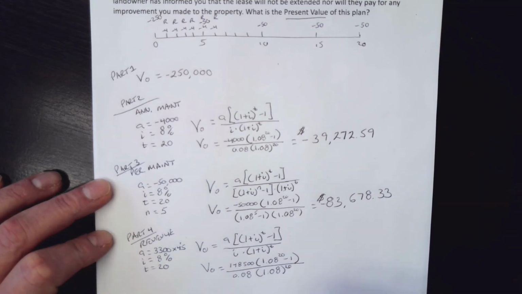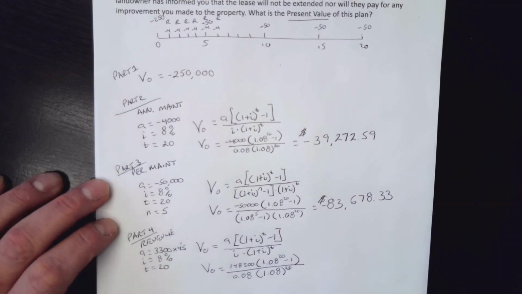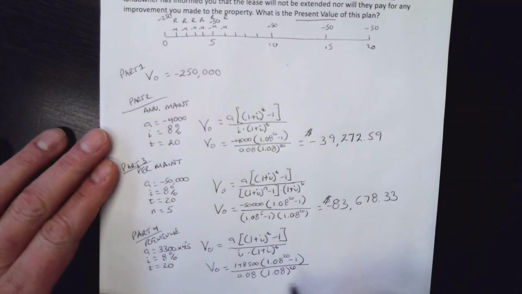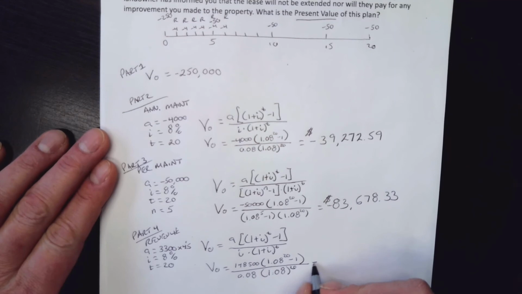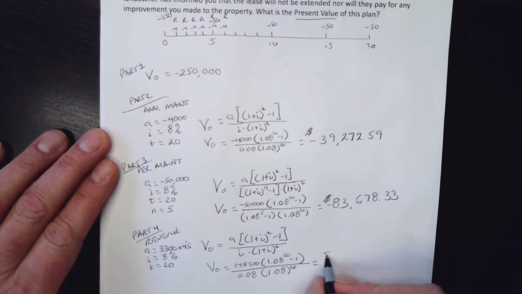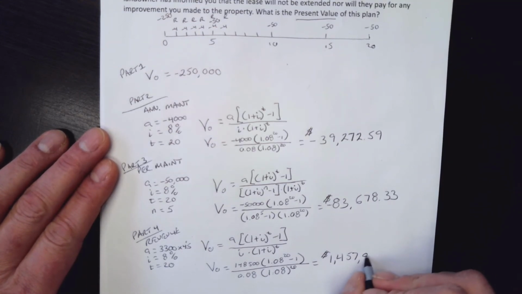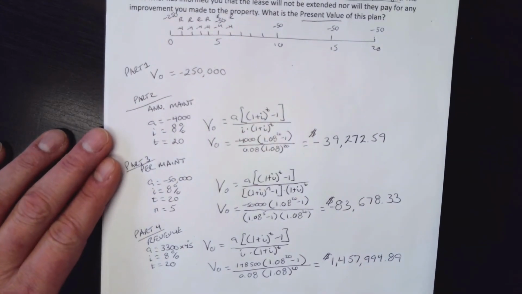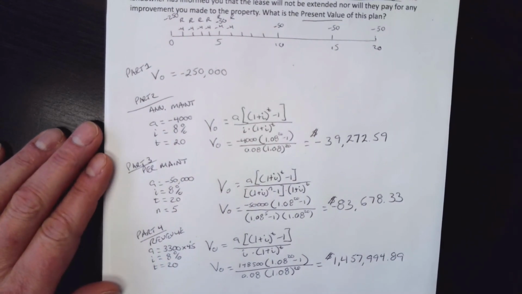Okay, so that's what I got. When I solve that out, that is 1,457,994.89. So that's what I get for that.